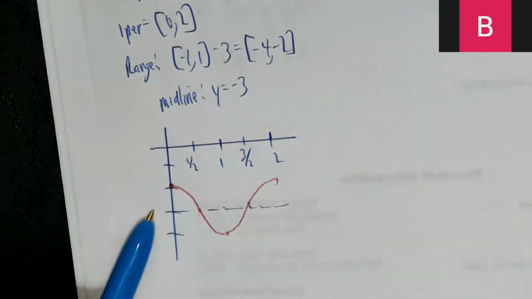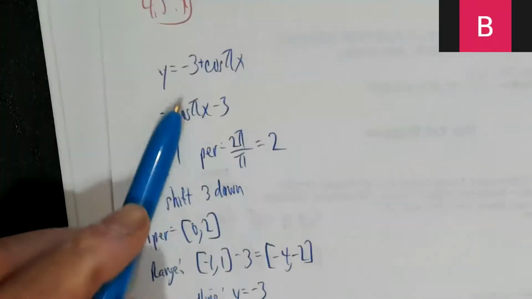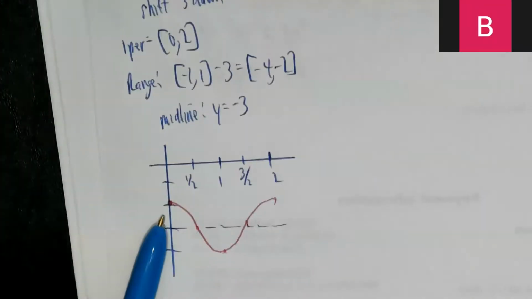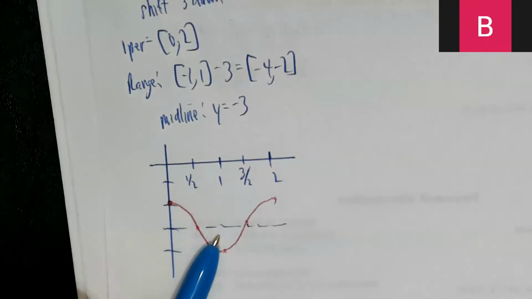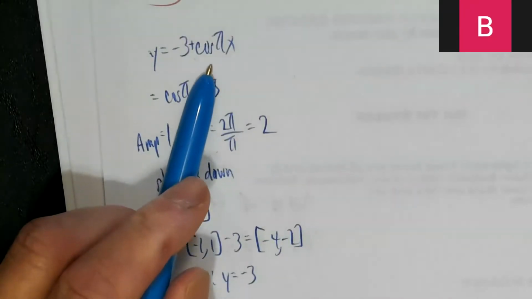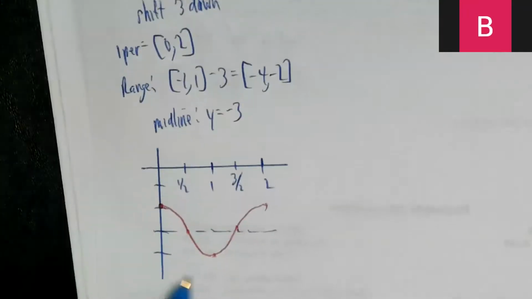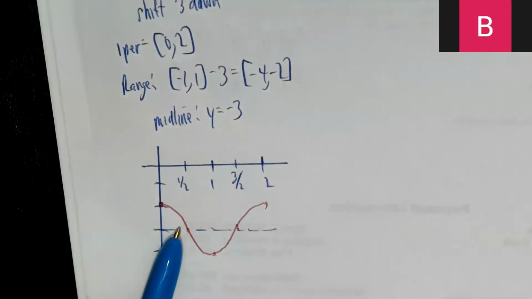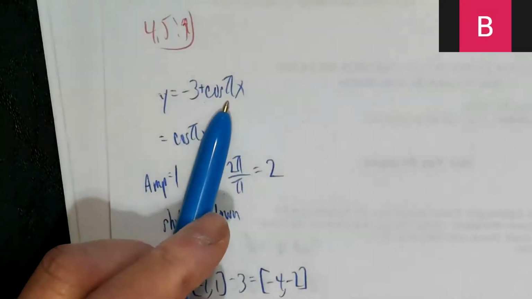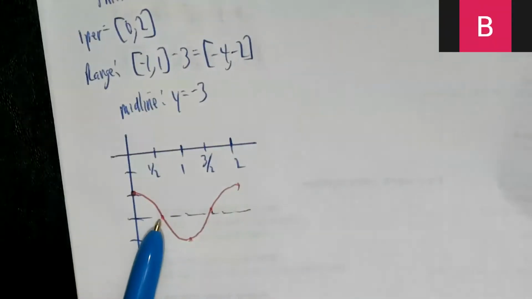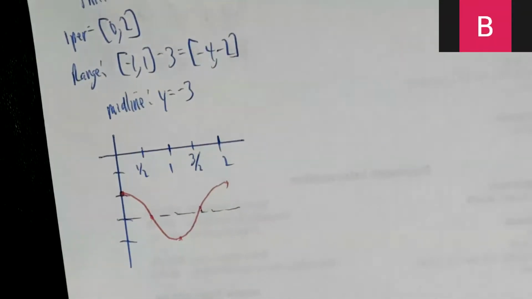And we double check some stuff. I plug in 0. Cosine of 0 is 1, minus 3 is -2. That's correct. I plug in 1. Cosine of pi is -1, minus 3 is -4. That's correct. I plug in a half, cosine of pi over 2 is 0, 0 minus 3 is -3. Yeah, so it seems to work.